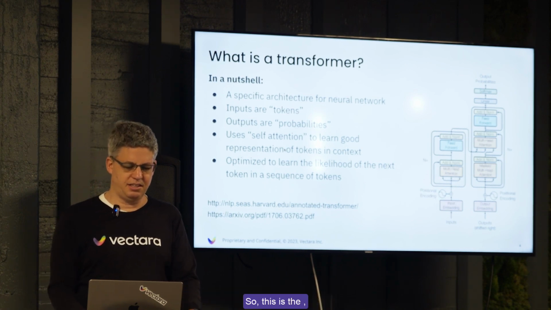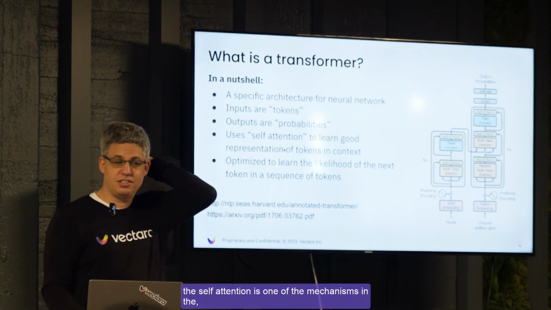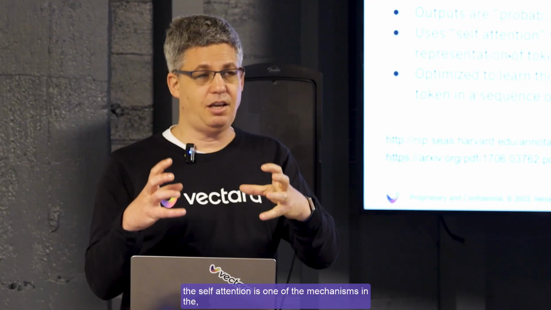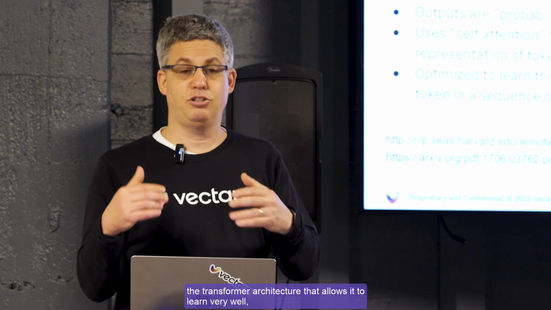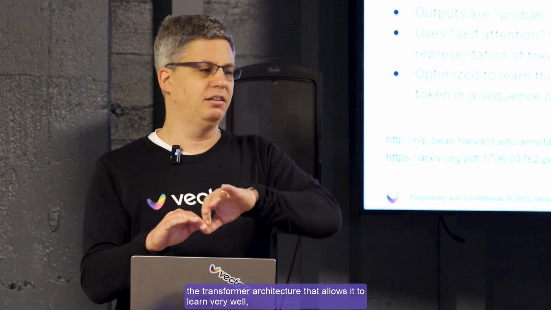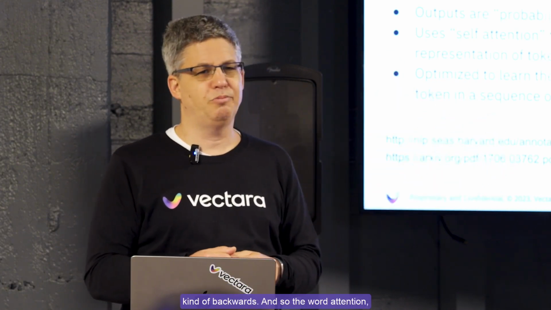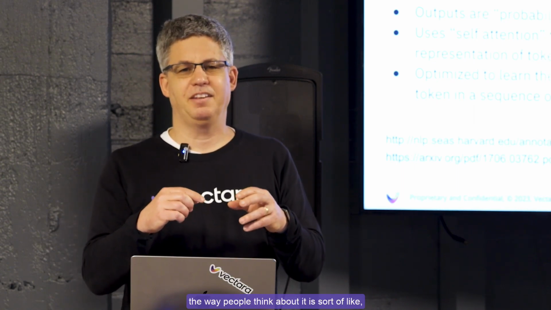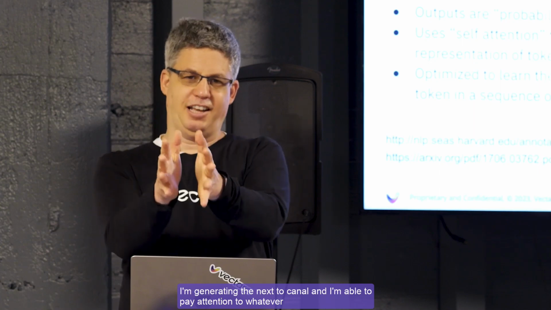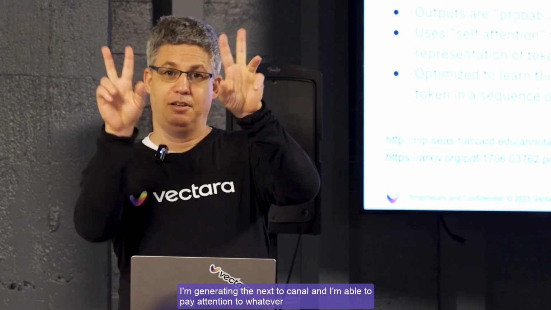So self-attention is one of the mechanisms in the transformer architecture that allows it to learn very well, kind of backwards. The way people think about the word attention is: I'm generating the next token now, and I'm able to pay attention to whatever happened in the past.